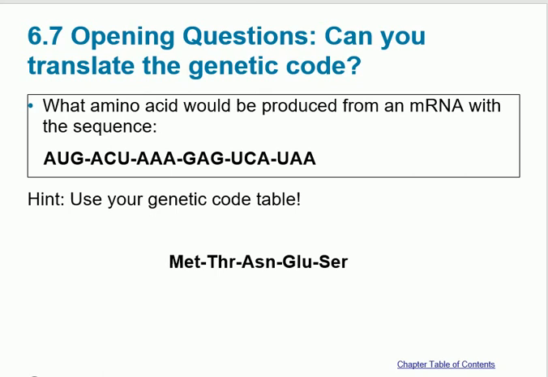So if you look at this, can you tell me what are these amino acids? Just look one by one. Did you get the first one? Read the first one. What does it mean? Methionine. Okay. Next. ACU. Can you read it?